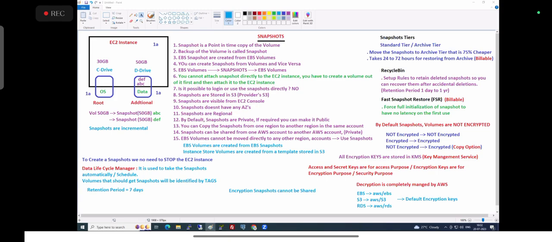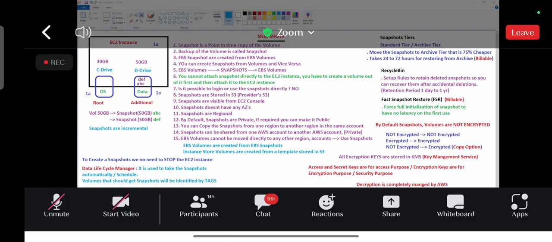Can you copy the snapshot from one region to another region? Yes. Is it possible to move the volumes directly to another region? No. How do you move it? Using snapshots. EBS volumes are created from EBS snapshots, and instance store volumes are created from a template stored in S3.